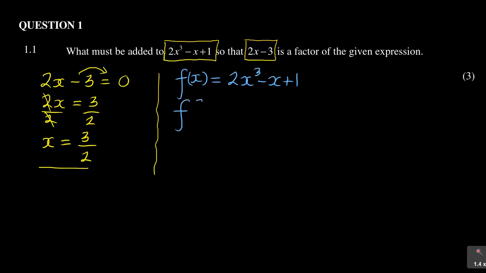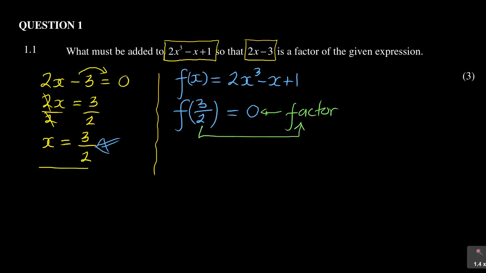If you say f of 3 over 2, and remember this is where we got our 3 over 2 from, it must give us a 0, meaning there is no remainder. This is what proves that it is a factor.